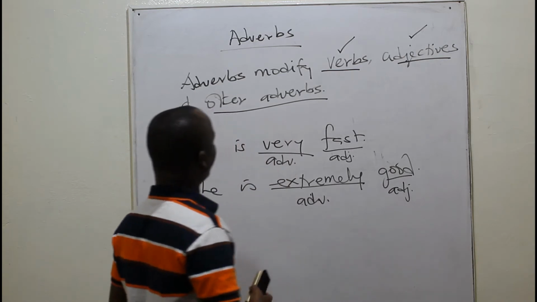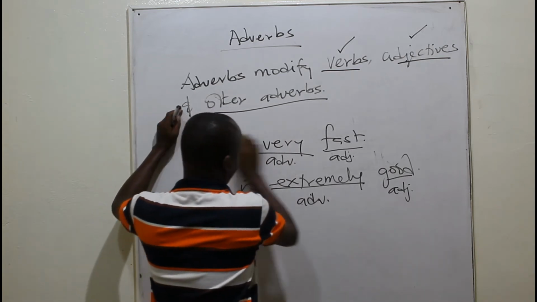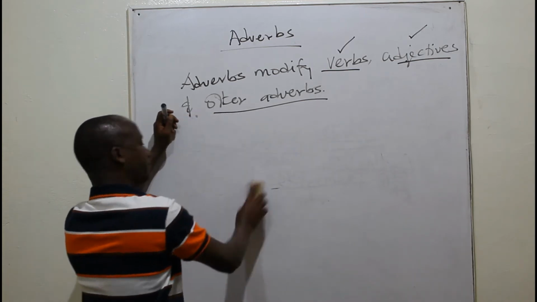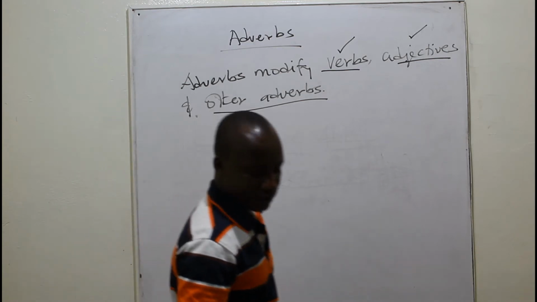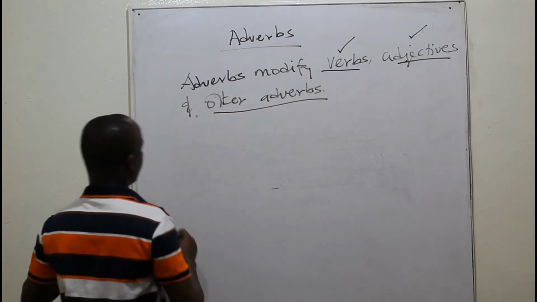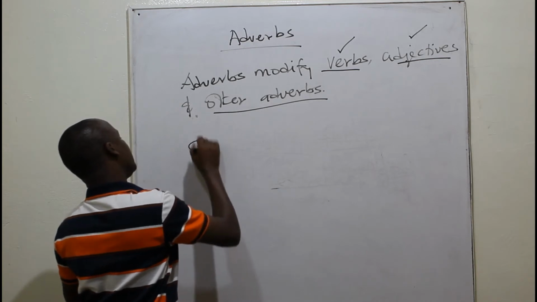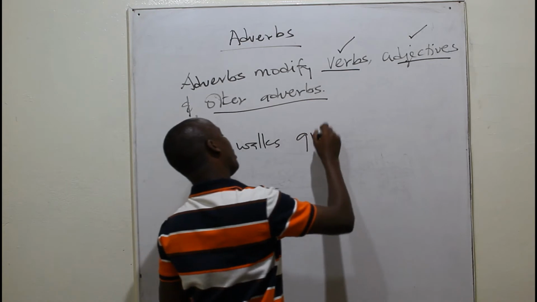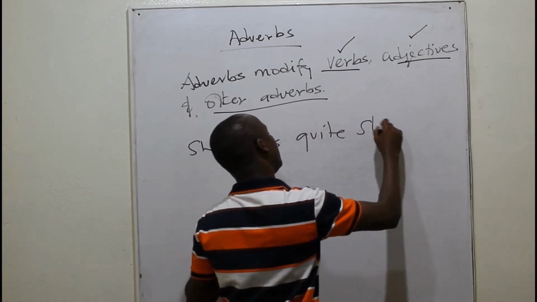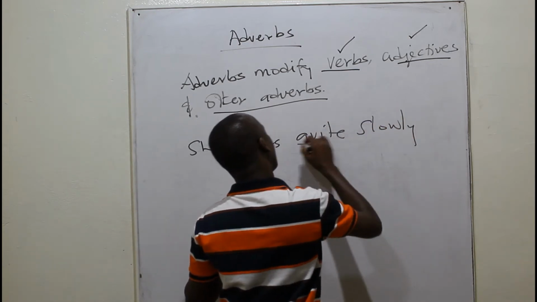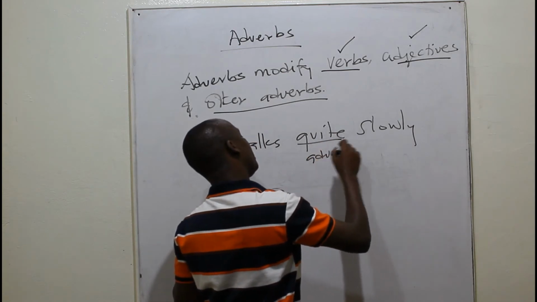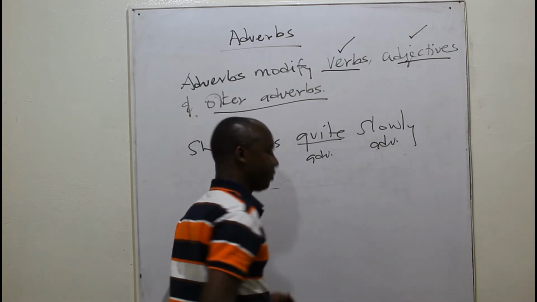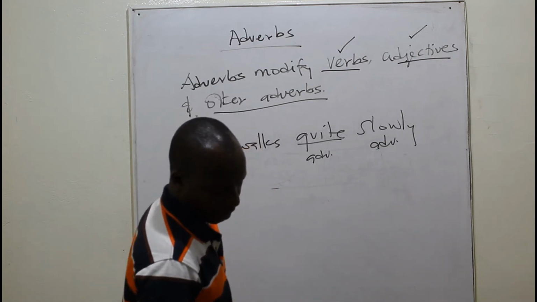Now the third part, which is adverbs modify other adverbs. You're going to see that. Examples are: she walks quite slowly. Quite is adverb, slowly is also adverb.